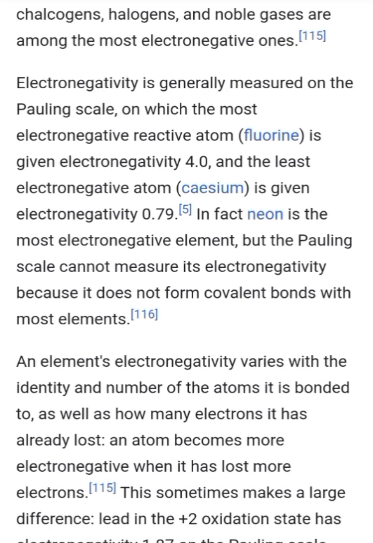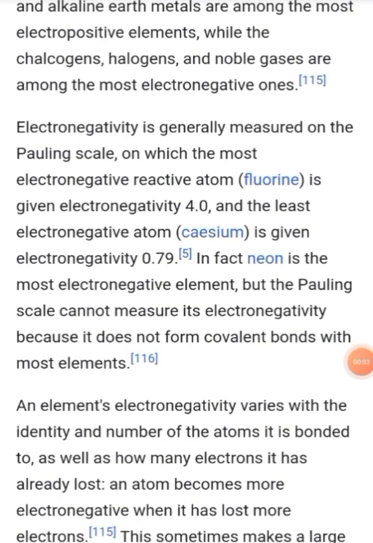So in that group 1, among the least, we still have the least of the least. Although cesium is the second to the last in group 1. Group 1 elements are the least electronegative elements in the periodic table.